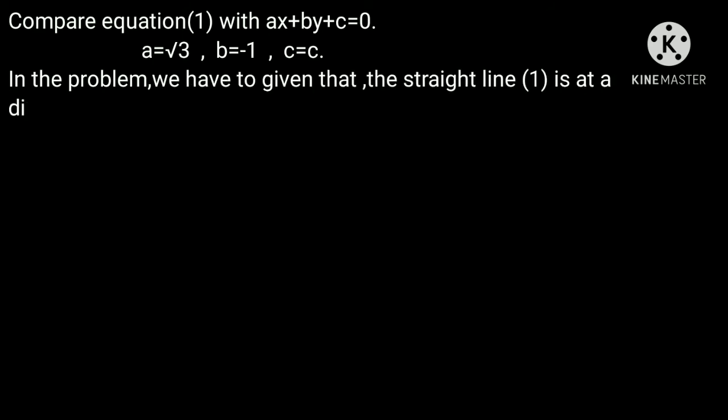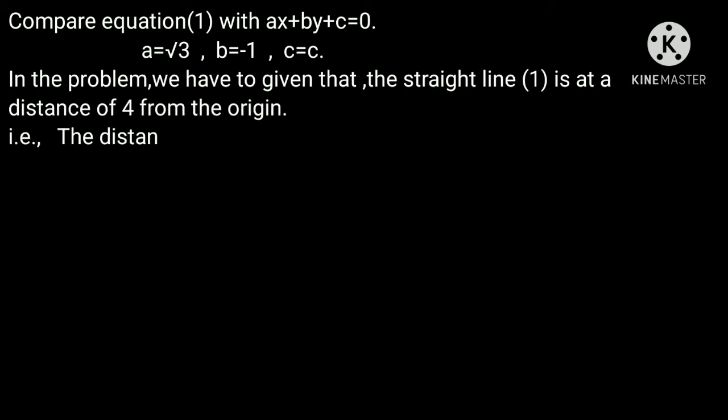In the problem, we are given that the straight line 1 is at a distance of 4 units from the origin. That means the distance of line 1 from (0, 0) equal to 4. By using the formula, the perpendicular distance of the straight line from the origin is mod of (a x1 plus b y1 plus c) by square root of a square plus b square.